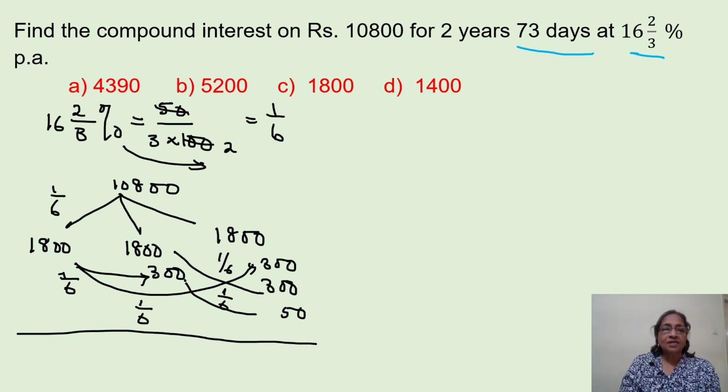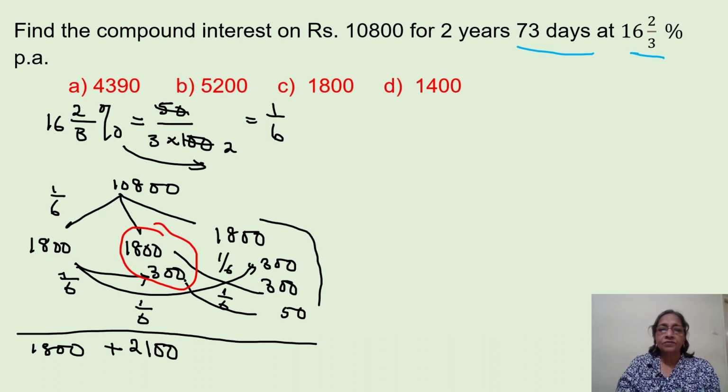So for the first year it is 1800. For the second we have 18 plus 300, so that is 2100. Now for the third, see what you have for the third. 18, 21, 24, 2450.